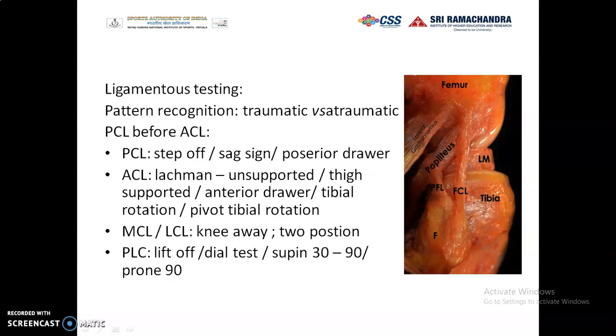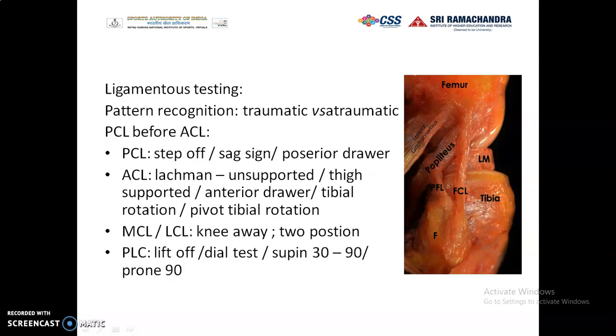And so the concept called PCL before ACL, which means before you rule out that there is an ACL insufficiency, first check the posterior cruciate ligament. Because if you do a Lachman, we try to check the amount of translation of the tibia in the anterior direction. So you have to hold the knee.